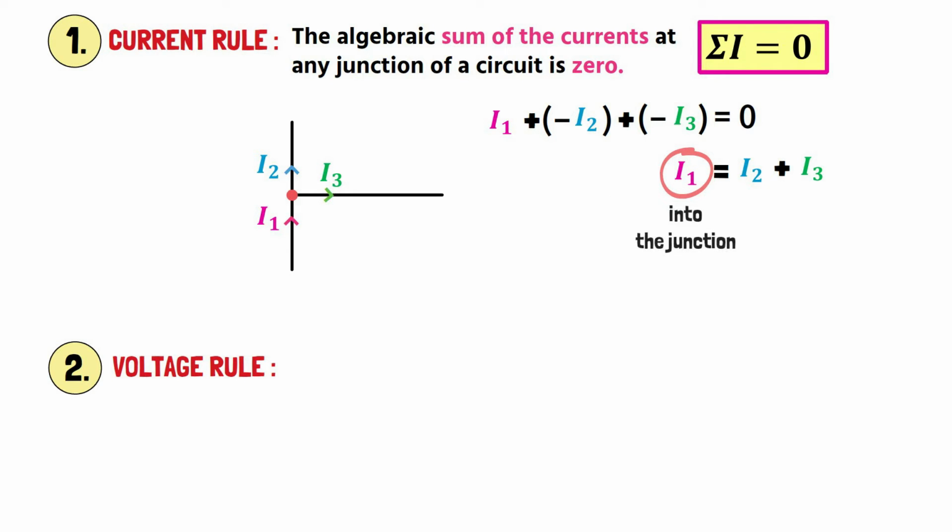Jadi dekat sini kita dah dapat satu equation di mana on your left side kita ada I1 where current I1 is into the junction. While on your right side pula, kita ada I2 plus I3 where all of these currents I2 and I3 are out of the junction.